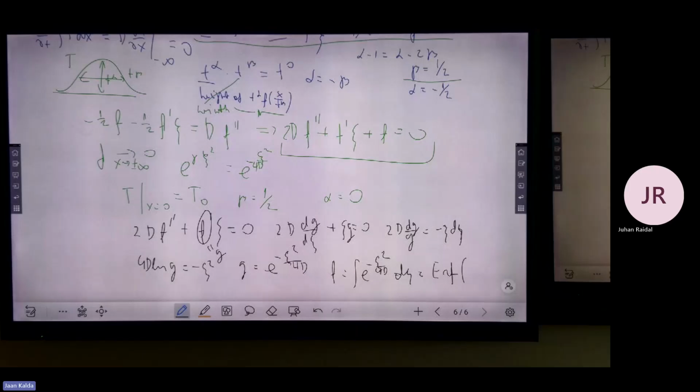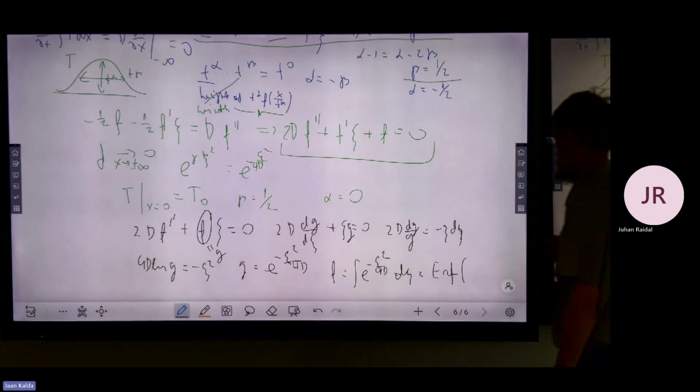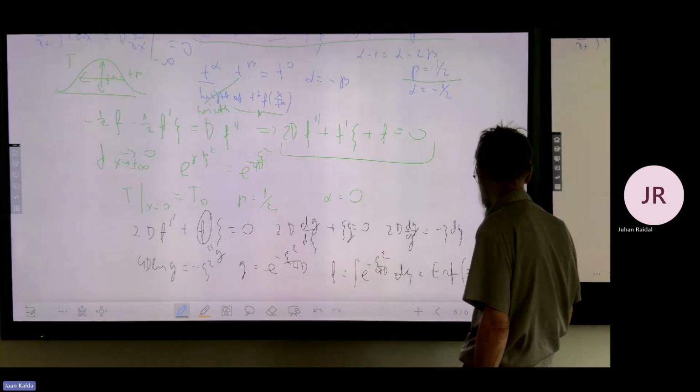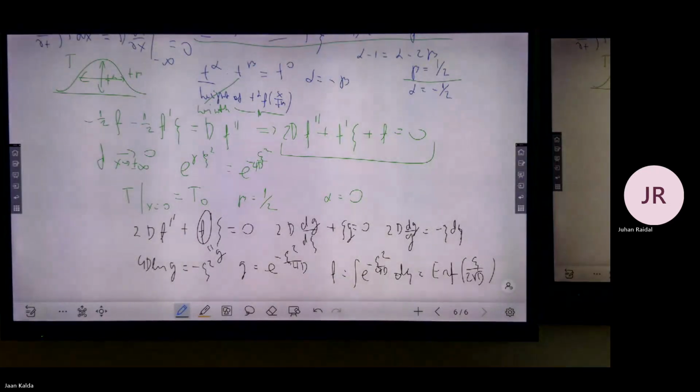F is from 0 to x of e to the minus t squared dt. And that is also 2 divided by square root of pi, but we don't care about the prefactor right now. So we can just safely write it as xi divided by 2 square root of d. And there you have it.